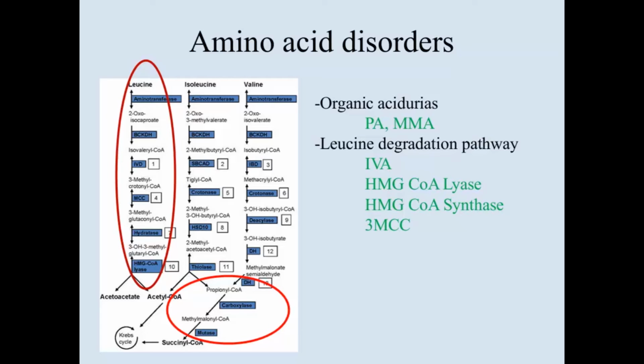I'm not really going to talk about IVA other than to say that it's part of the leucine degradation pathway, 3-MCC or 3-methylcrotonyl-CoA carboxylase deficiency, and the HMG-CoA lyase and synthase diseases. 3-methylglutaconic aciduria is essentially Barth syndrome, which is that X-linked cardiomyopathy disorder, but I'm not really going to touch on that.